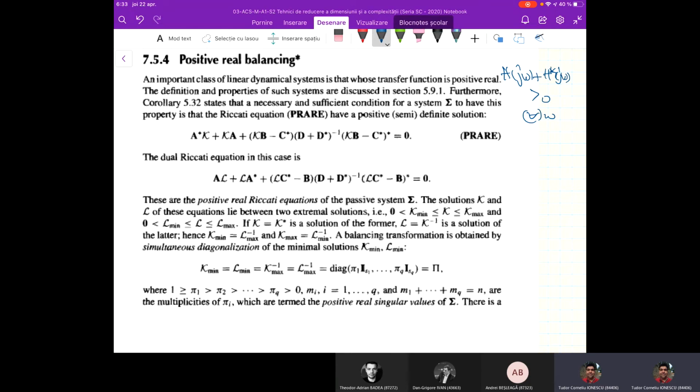We also have the positive real Riccati equation. So we don't have Lyapunov equations like in the classic balanced truncation, but we have Riccati equations. It's the same as with bounded real. This Riccati equation has a minimal and a maximal solution, and they create the gradients to be balanced.